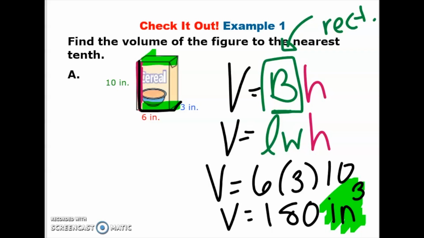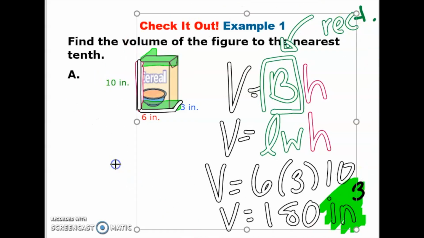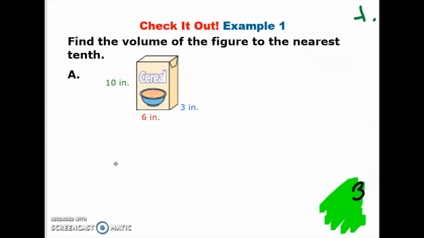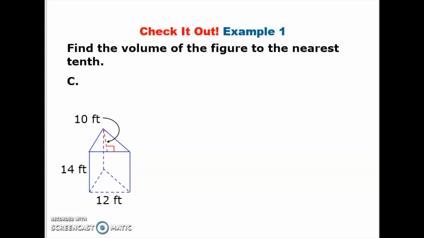Okay, let's take a look at a triangular prism. Triangles tend to give us a little bit more trouble, so we'll spend a little bit of time looking at the triangular prism. So again, the first thing I always want to do is identify that base shape. So it's the triangle. I've got a matching triangle on the top and the bottom. And I'm going to write my formula.